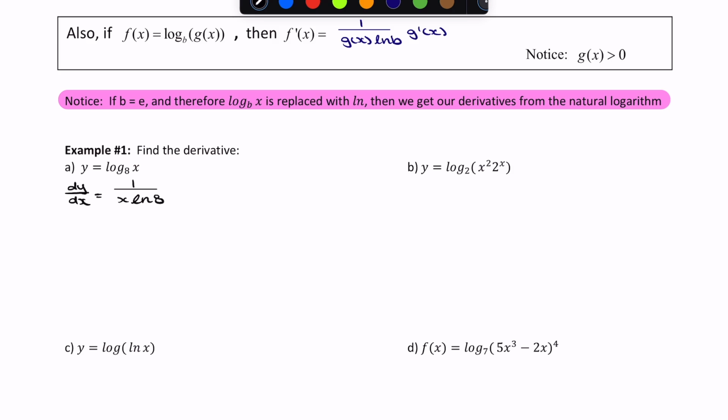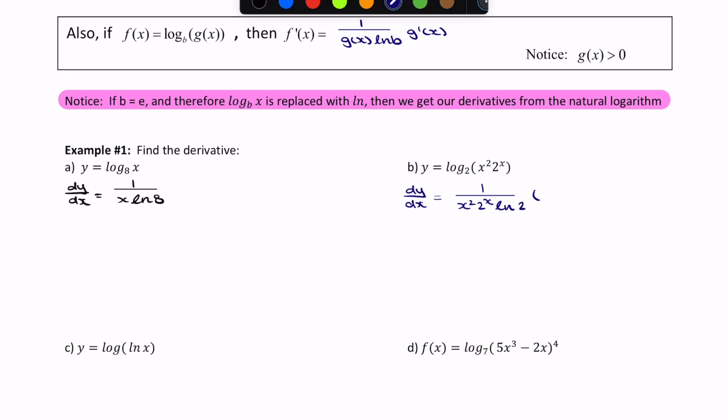Here for b, we get y is equal to log base 2 of x squared times 2 to the power of x. So here we have dy over dx is equal to 1 over x squared times 2 to the power of x, times ln 2.